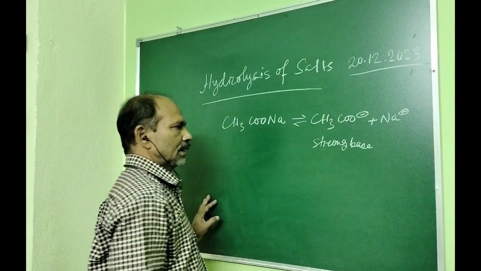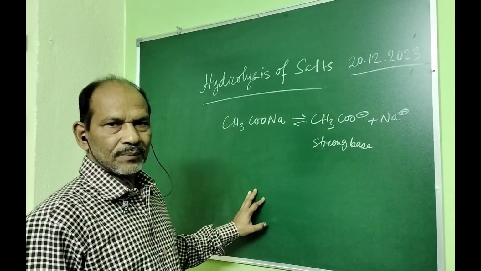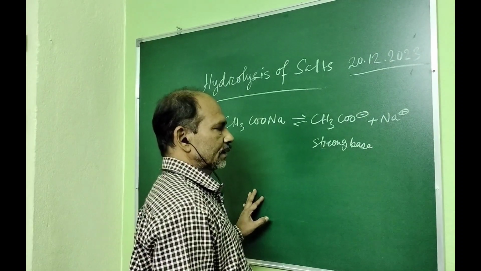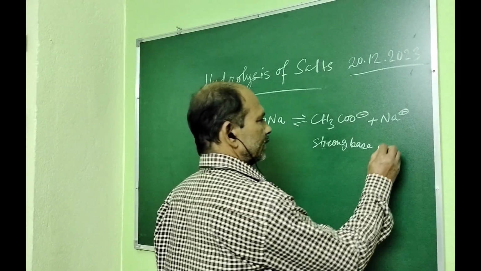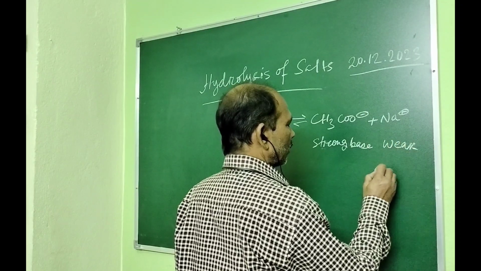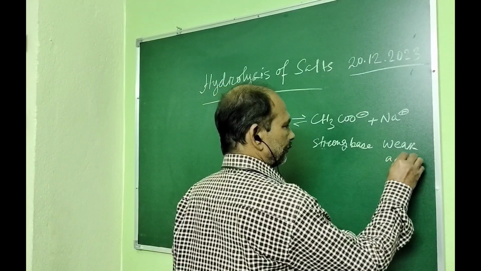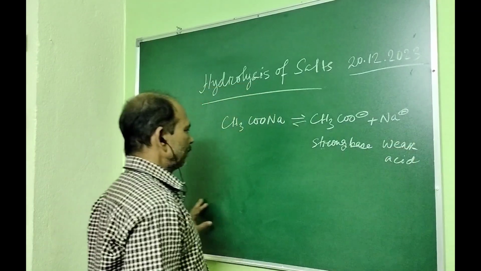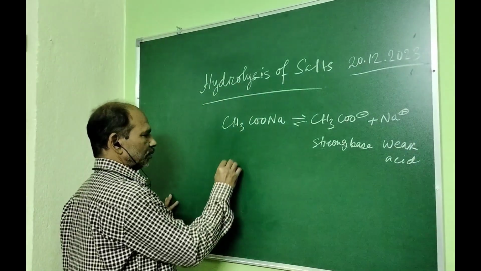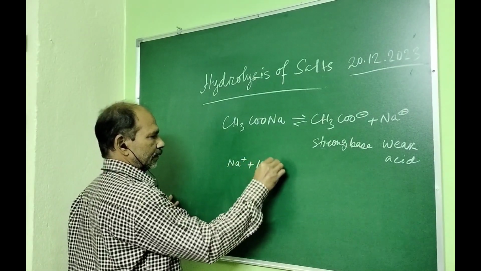But Na plus is the conjugate acid of strong base NaOH, hence it is a weak acid according to the Bronsted-Lowry concept of acids and bases. So Na plus does not react with water. There will be no reaction.